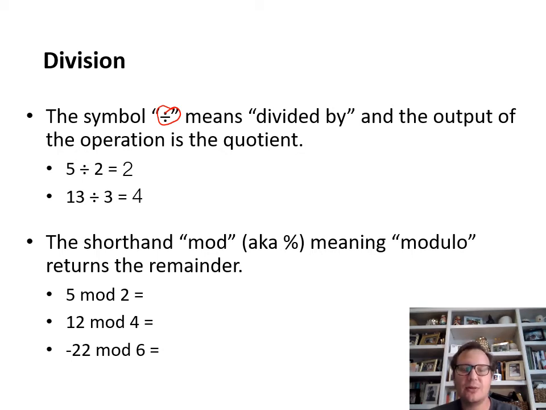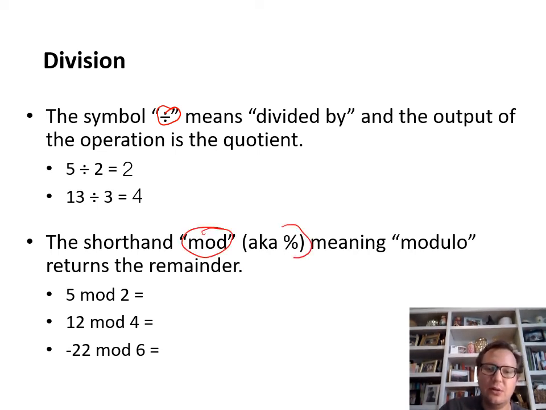When we do division like this, there is also a remainder present. And we denote a remainder using either mod or this operator, which stands for modulo.